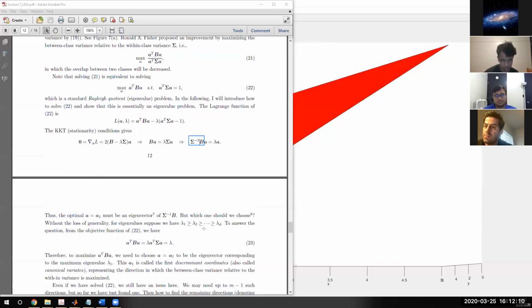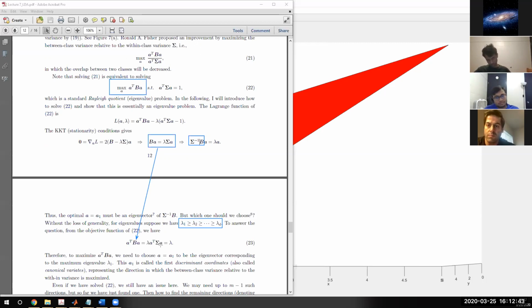To this end, first, let me make my life easier. I assume my lambdas are named this way: lambda 1 is greater than or equal to lambda 2, and so on, greater than or equal to lambda D, okay? Now, let's have a look at this objective function, A^T B A. What is A^T B A? Because BA equals this, I can plug in, and this becomes lambda A^T sigma A. See it?